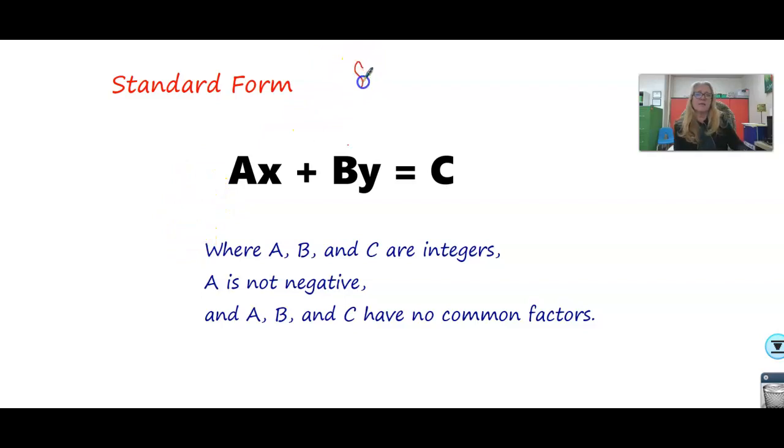What that means is if you had something like 8x plus 4y equals 6, this is not in fully reduced form because all of these numbers divide evenly by 2. So in order for it to be in the correct form, you would have to reduce it, divide each term by 2. Okay, now this would be the winner right here.